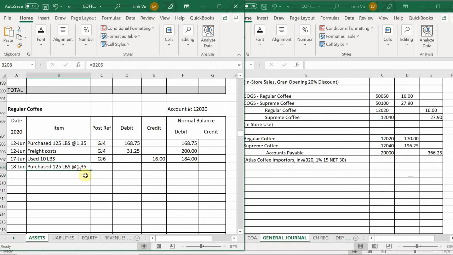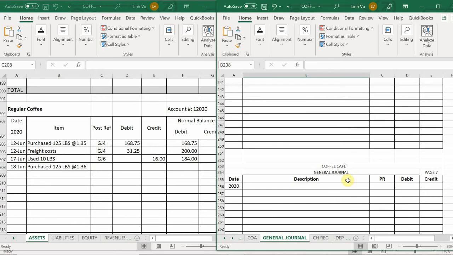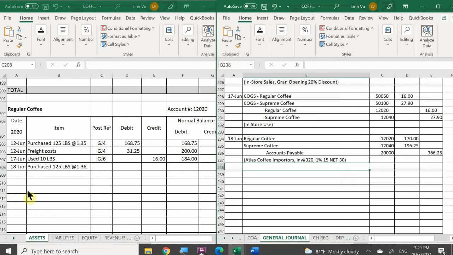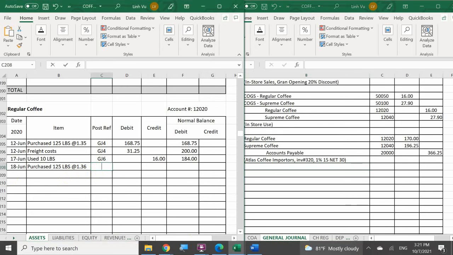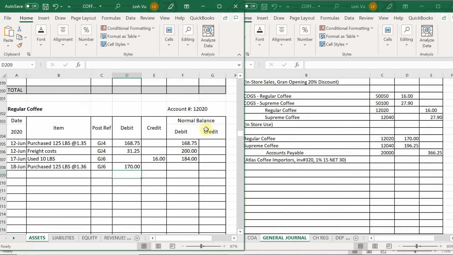I need to type in purchased coffee, but this time it cost me 136. We are still on General Journal page 6. For how much? For 170. All right, so that gives me my total account balance of 354.